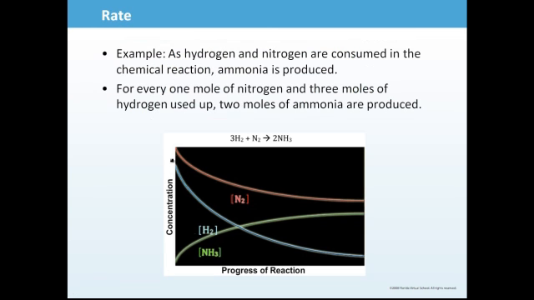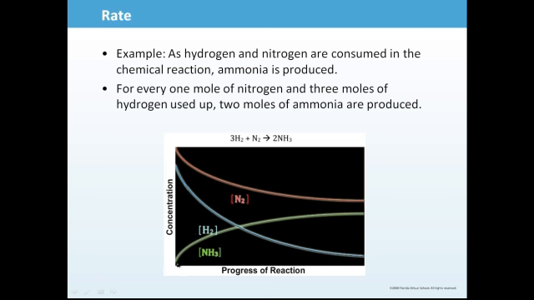When we're looking at this example, keep in mind the ratios. We have 3 moles of hydrogen reacting with 1 mole of nitrogen to produce 2 moles of ammonia. As you look at the graphs, you notice the nitrogen, because we're only using 1 mole at a time, doesn't drop off as quickly as the hydrogen. It's relatively flat. The hydrogen, because we're using 3 moles at a time, drops off quickly and goes to almost nothing pretty quick.